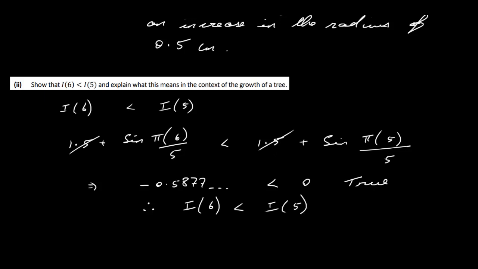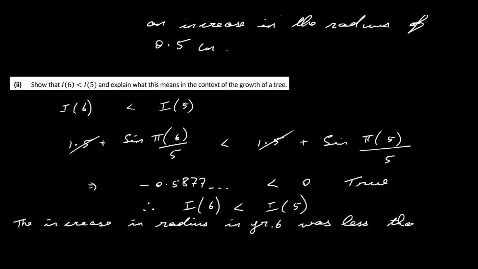What does this actually mean? It means that the increase in radius in year 6 was less than the increase in year 5.